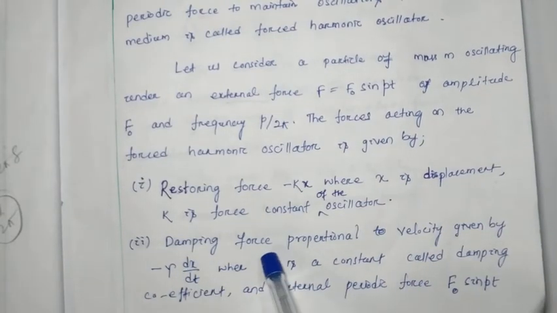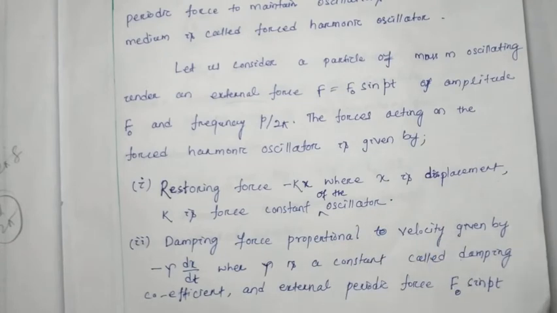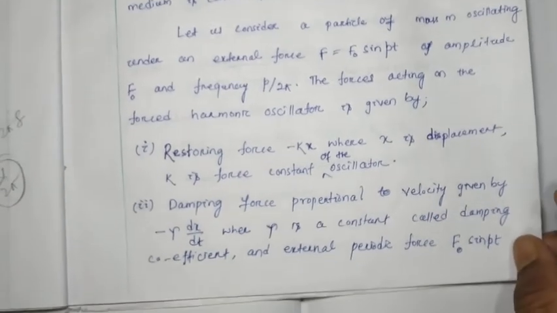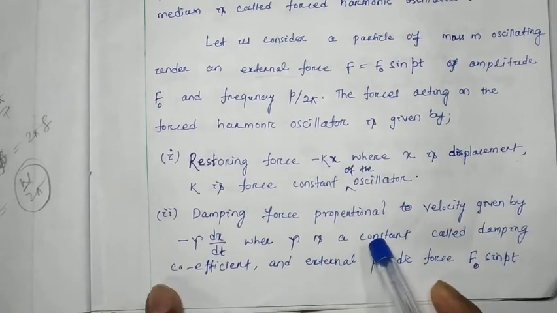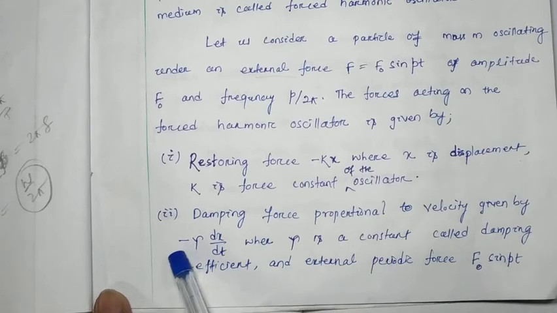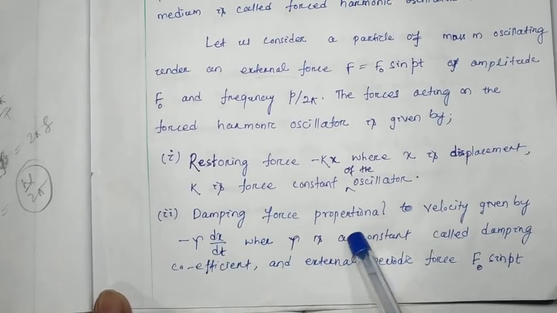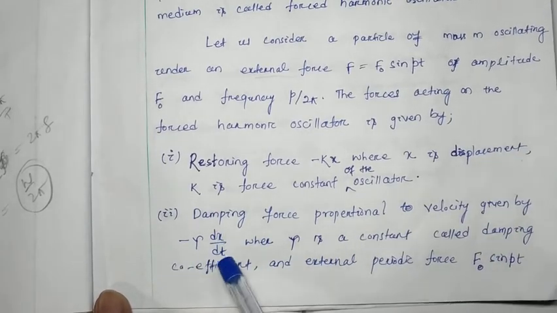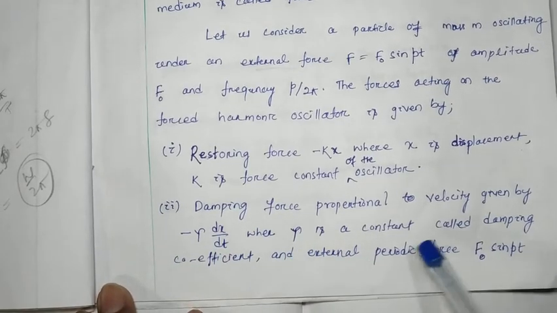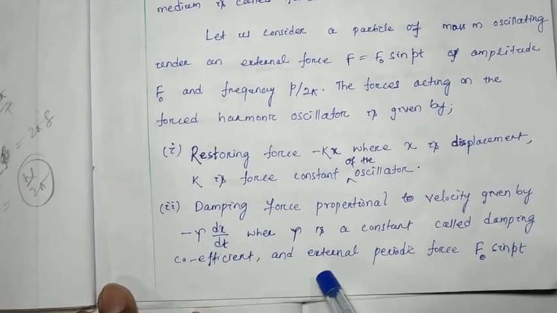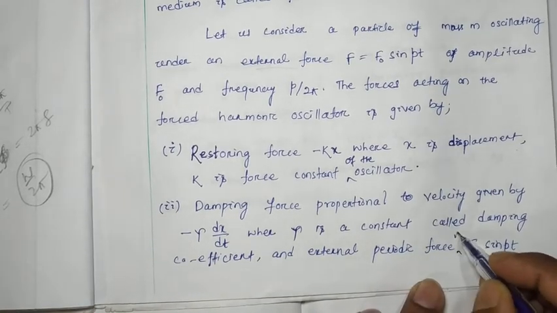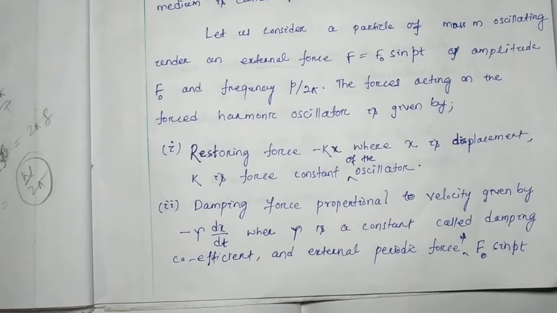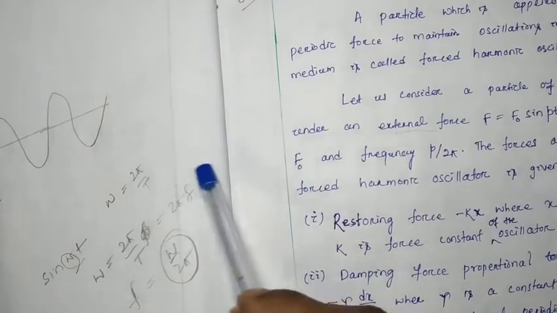Now, the damping force is proportional to the velocity, as we already discussed in damped harmonic oscillation, that is minus gamma dx by dt, where gamma is a constant called the damping coefficient. And the external periodic force is F0 sin pt.